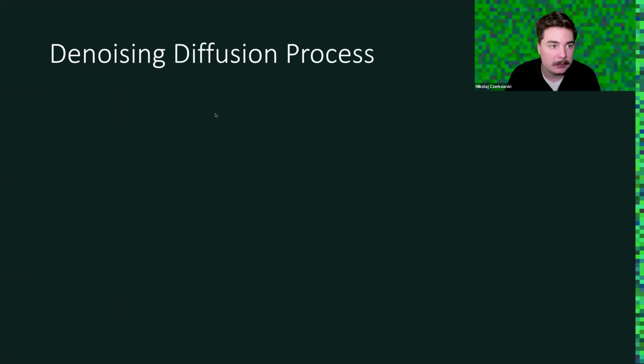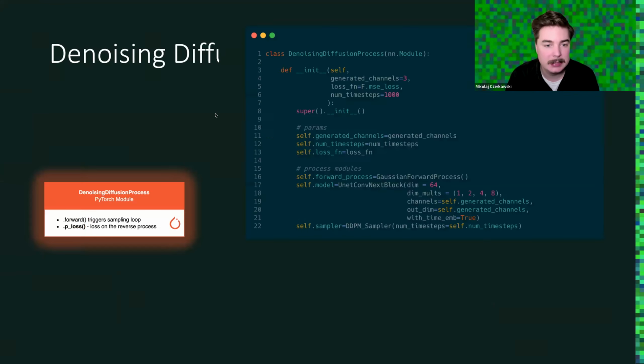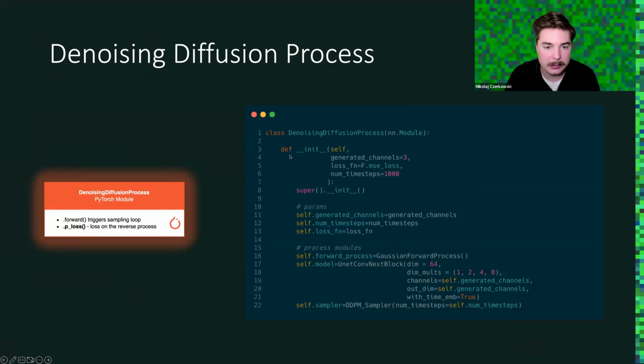Okay. So next we have the denoising diffusion process, which will combine all these three elements. In our initialization, we have some parameters such as the number of generated channels, the type of loss function, the number of time steps in our forward process. But then the most important components are the three crucial bits: the forward process, the backbone model, and a sampler that we will be using by default.